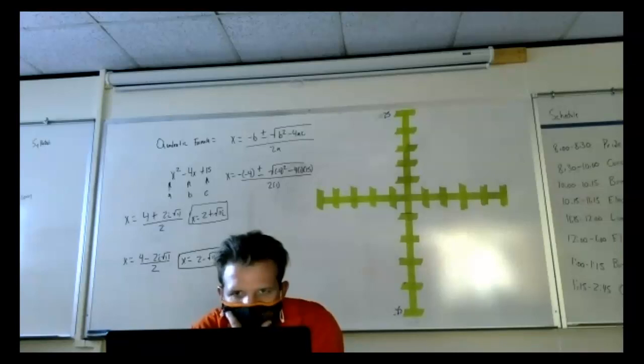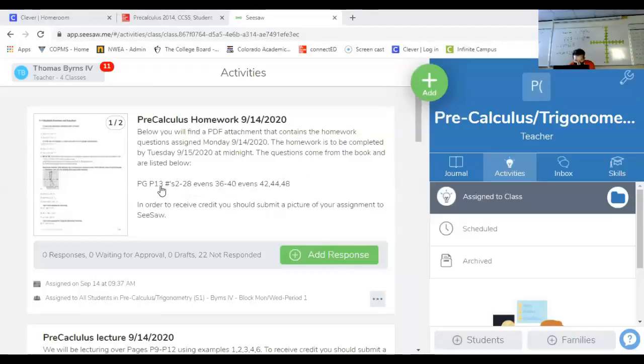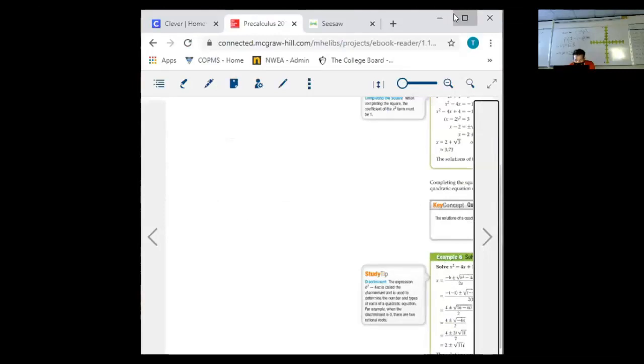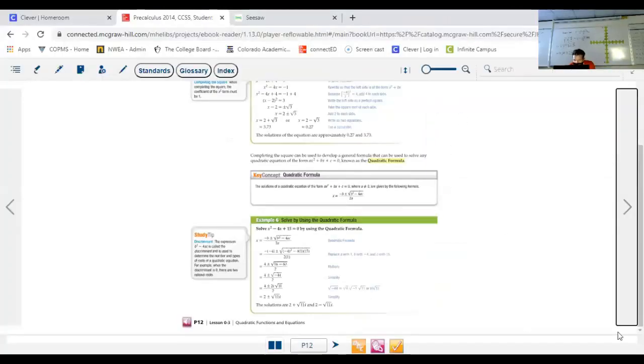Okay, so your assignment is posted in Seesaw. Right here it says page P13, numbers 2 through 28 evens, 36 through 40 evens, 42, 44, and 48. These are going to correspond to what we have done today in class. Let me make it big and let me get to page P13.